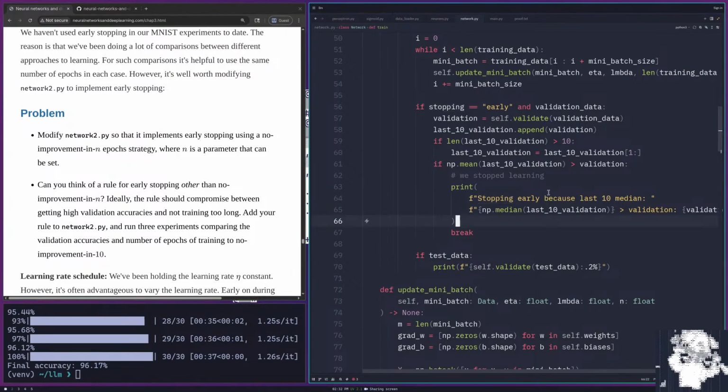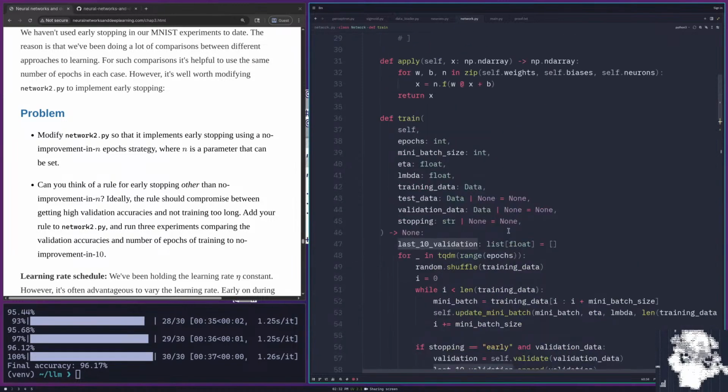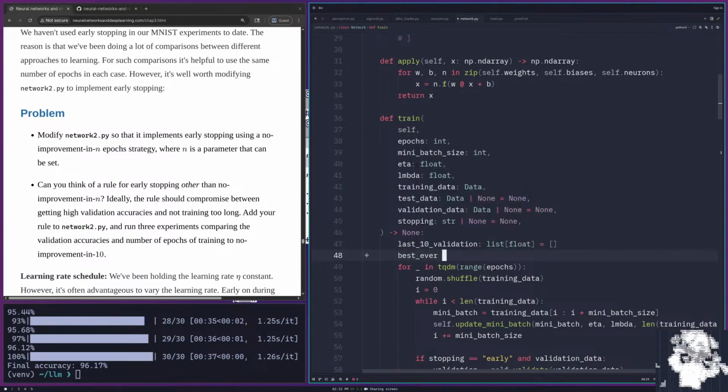Well, okay, what does it mean that there's been no improvement in 10? Does it mean that the best that I've ever done is not inside my last 10? Maybe that's what it should mean. Best ever equals float.